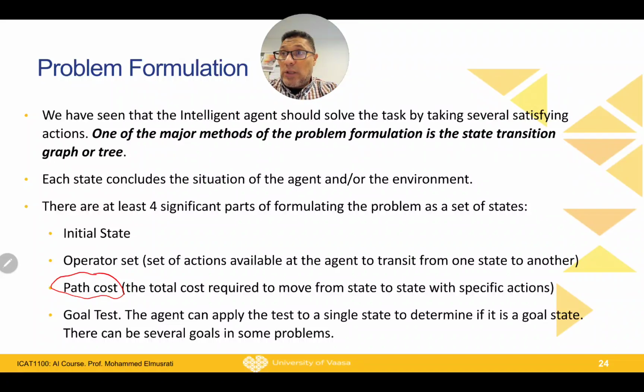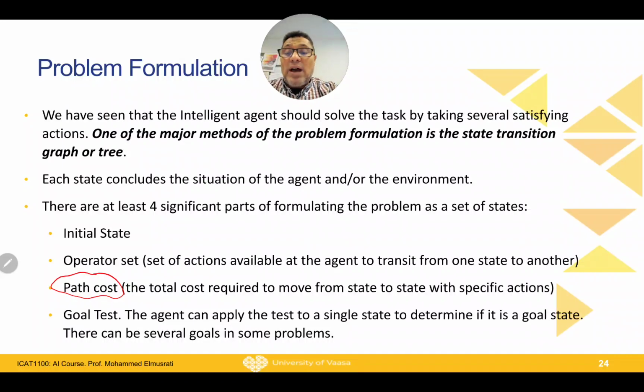It can be seen also as a violation of some rules when going from this state to the other state. So anything you can think of in moving from state to state as a cost, something that we would like to avoid, minimize or reduce, can be seen as a cost associated with that state. Not all costs are the same, and the cost of moving from one state to another is not the same for all states. So they can be different from state to state.